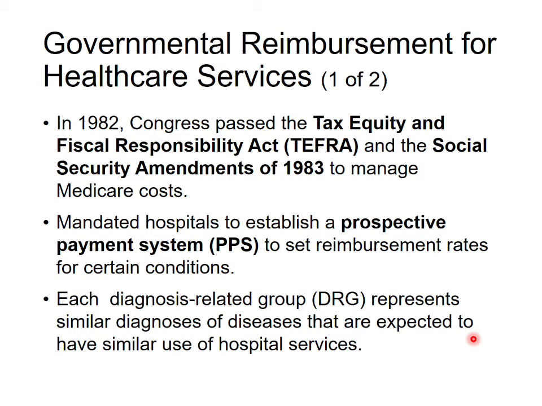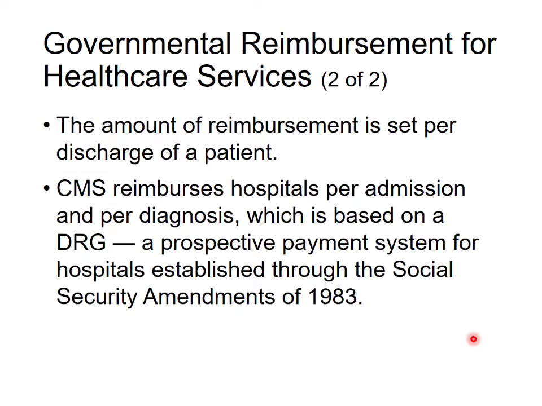So a diagnosis related group has a certain expenditure, and certain procedures were approved for a certain diagnosis, with certain costs associated with that, allowing reimbursement to happen in groups for a certain diagnosis.